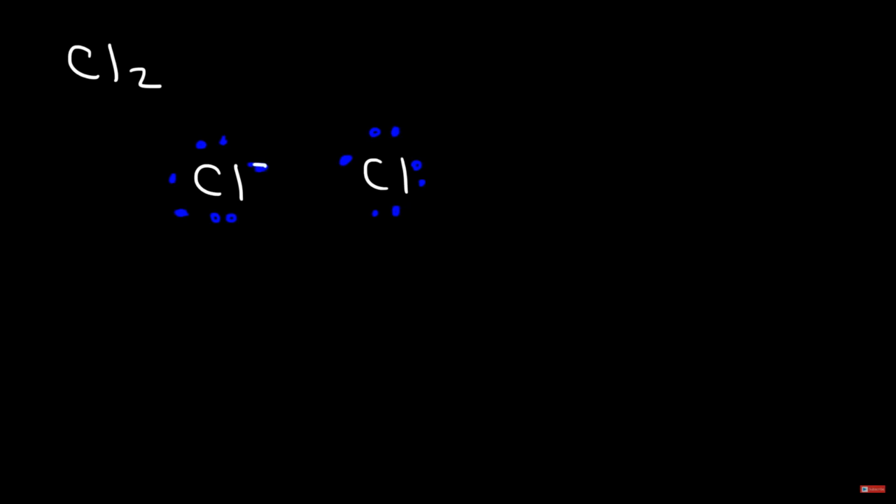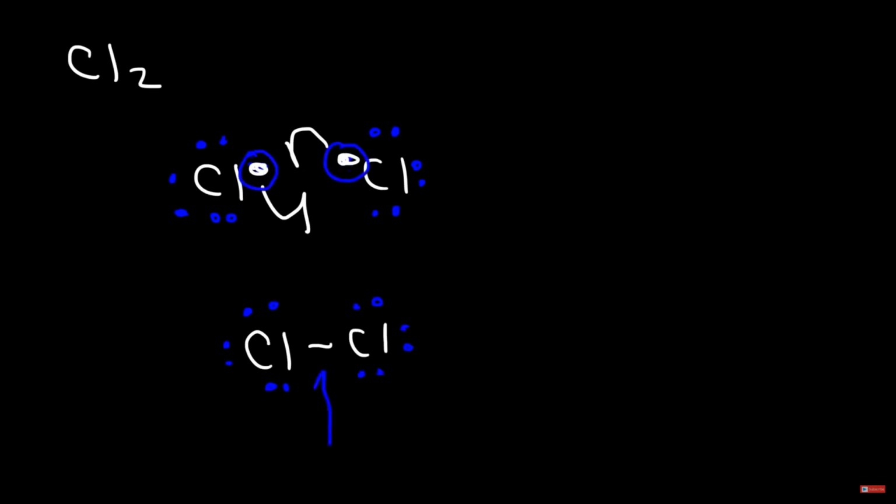And so these 2 electrons will be used to generate the single bond of the chlorine molecule. So this is how you draw the Lewis structure of Cl2. As you can see, these 2 electrons were used to form the covalent bond within the chlorine molecule.